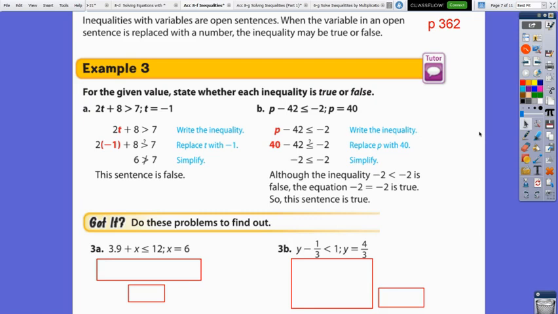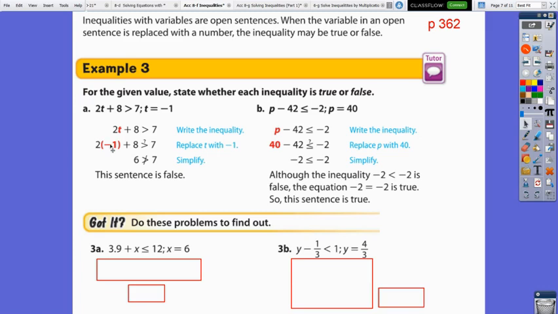All right. So they'll give you an inequality, like 2t plus 8 is greater than 7, and a value to substitute in for the variable, -1. You substitute -1 into the inequality, and you see if it comes out to be true. I do not have the capability to draw this greater than with a question mark on it, so I just put a question mark at the end of this inequality to show that I'm not really sure.